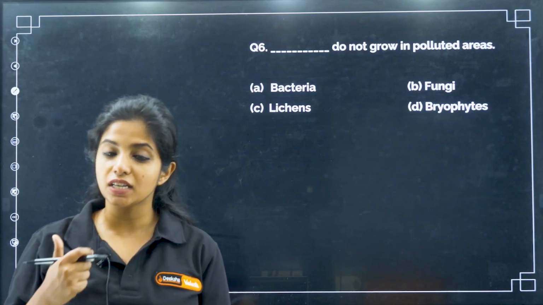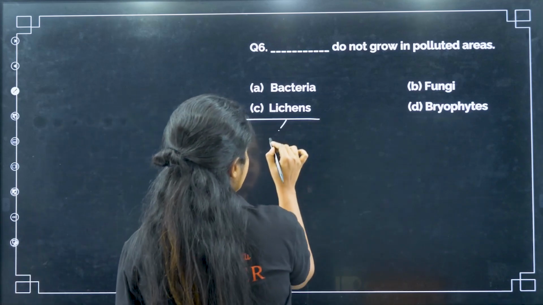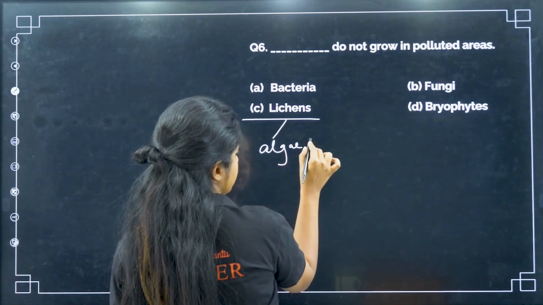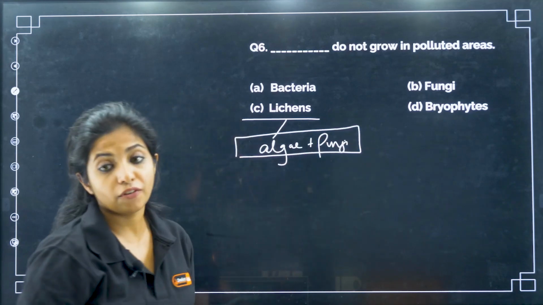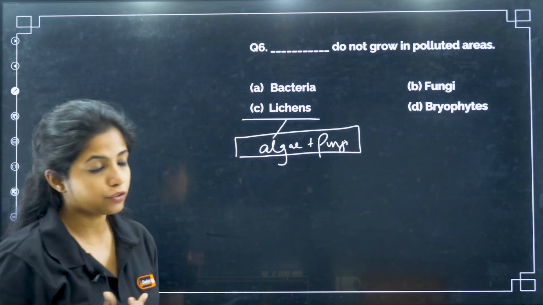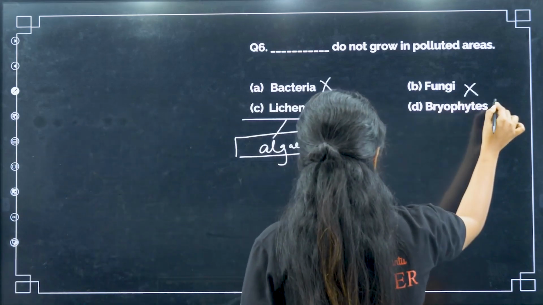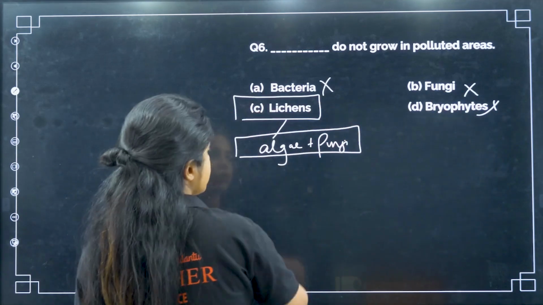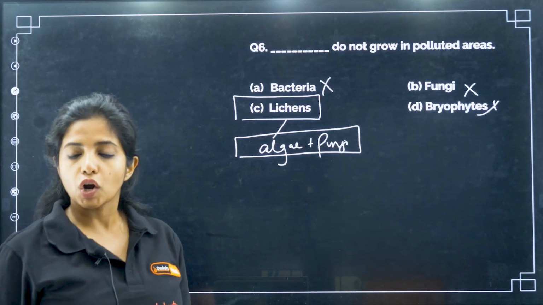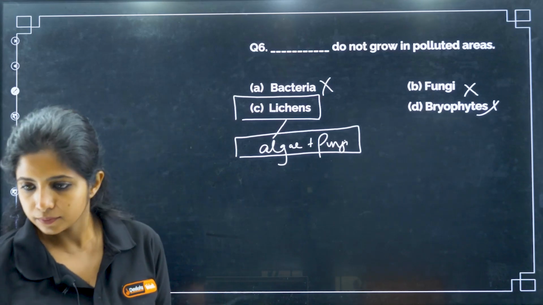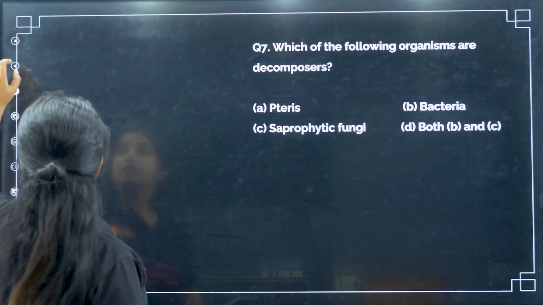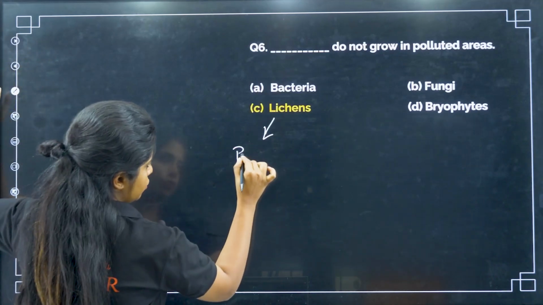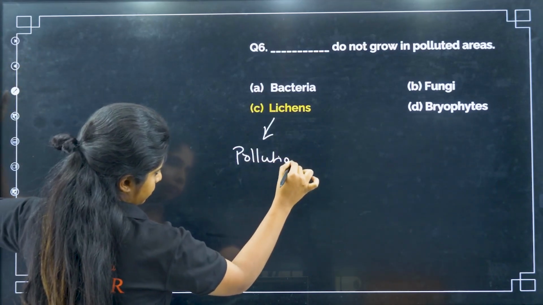Remember, lichen is a combination of algae and fungi, and it cannot grow in areas where there is too much pollution, my dear children. So it's not bacteria, it's not fungi, it's not bryophytes. Your answer for this question is lichen. Lichen do not grow in polluted areas. Cool? So they are pollution indicators.